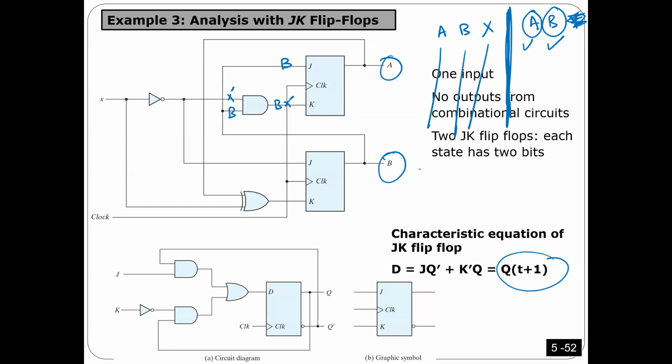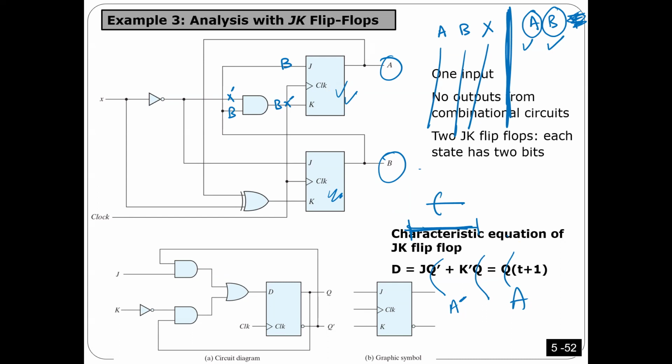So when I work on the first flip-flop, this Q is A. When I work on the second flip-flop, this Q is B. So all I have to do is make this Q prime A prime. Always remember, this is at time t, and this is the new value for Q. Q here is A, so this is the new value for A, and this is the old value.